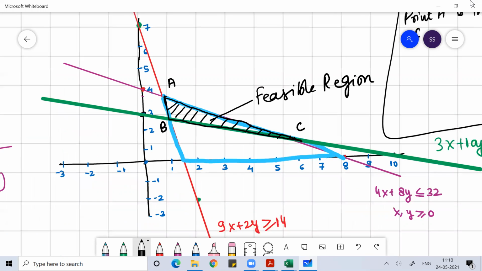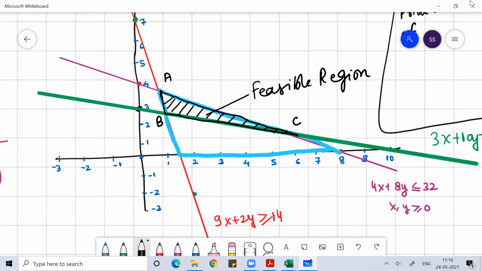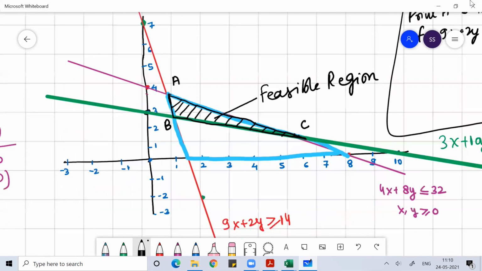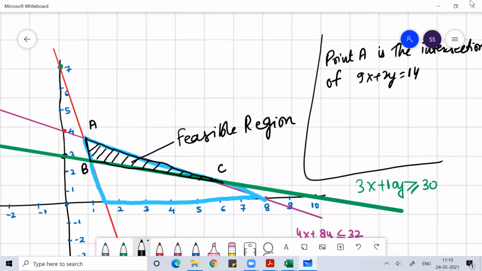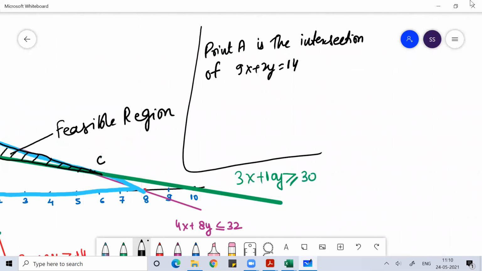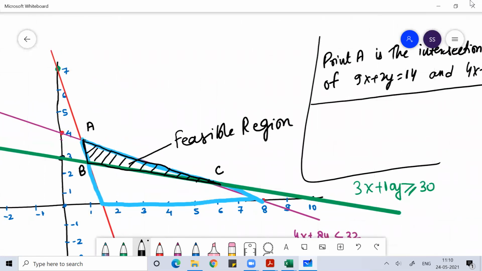Orange line, 9x plus 2y equal to 14, and pink line, 4x plus 8y equal to 32. So point A is the intersection of these two lines.